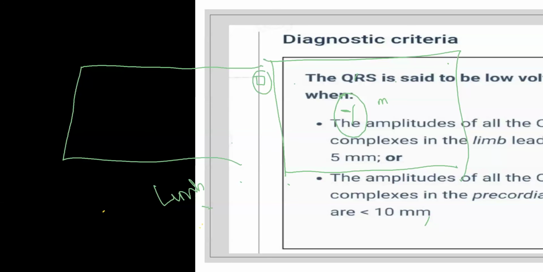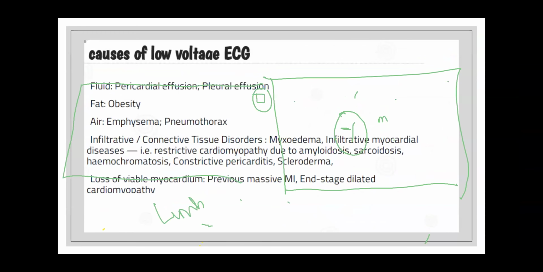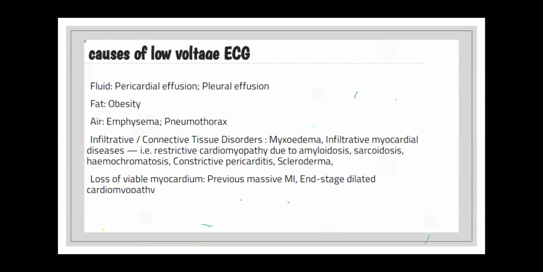Now, what are the important differentials? As already told, anything around the heart makes the voltage low. It can be any fluid, whether in the pleural cavity or the pericardial cavity, fat meaning obesity, or air like emphysema and pneumothorax. Any infiltrative things too.